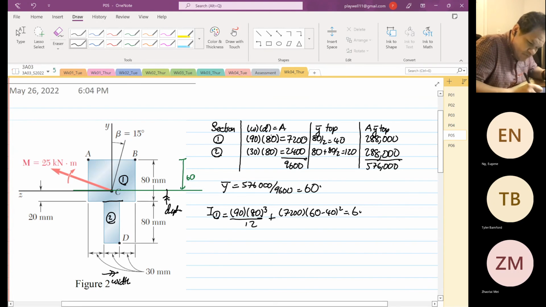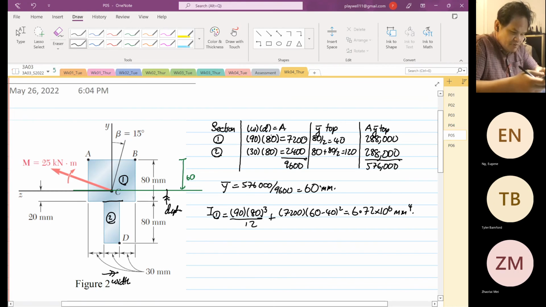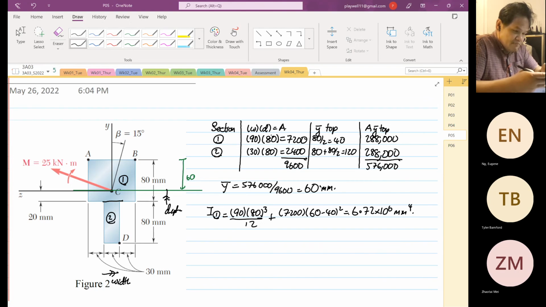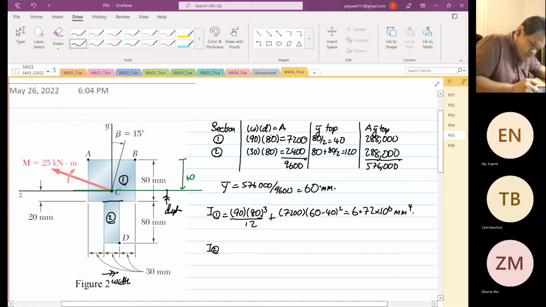So 6.72 times 10 to the power 6 millimeter to the power 4. Then I2: 30 times 80 cubed over 12 plus 2400 multiplied by (60 minus 120) squared.